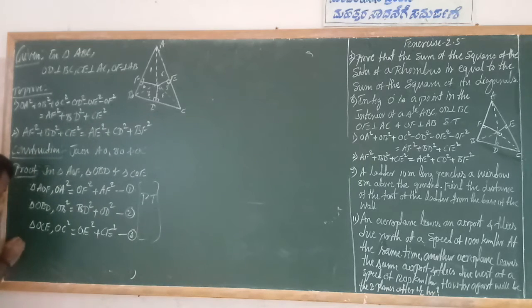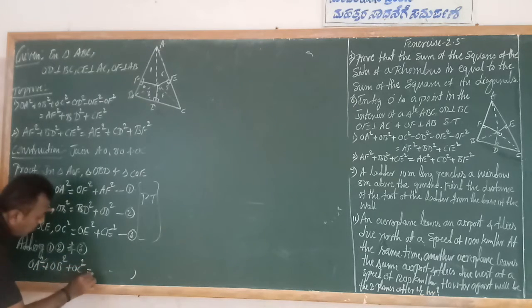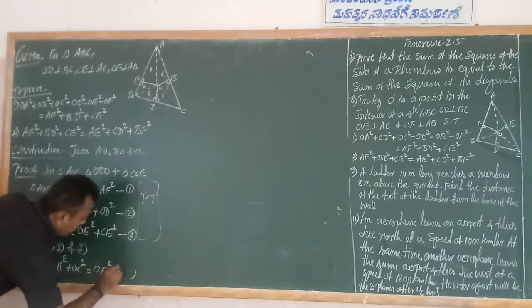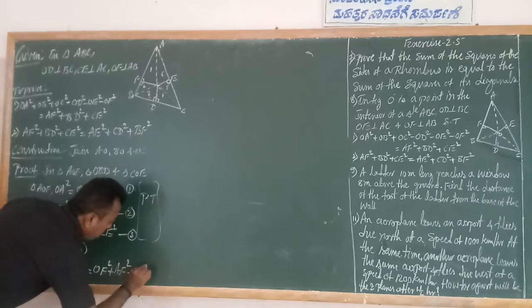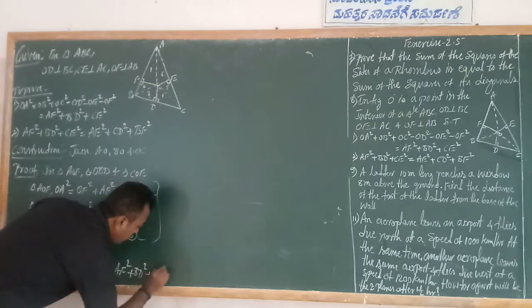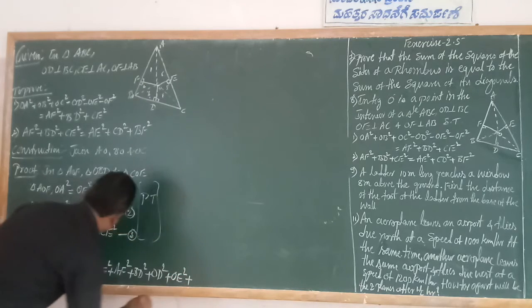So adding equations 1, 2 and 3: OA square plus OB square plus OC square is equal to OF square plus AF square plus BD square plus OD square plus OE square plus CE square.